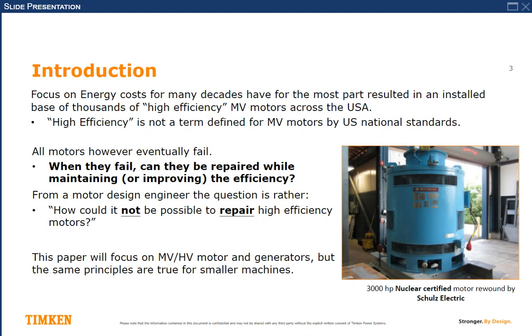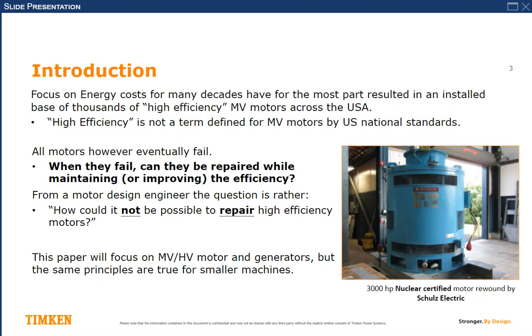And we're not going to go into that discussion today, but just to know, for the most part, large motors have been designed with high efficiency in mind because the energy cost of running each of these machines is significant.